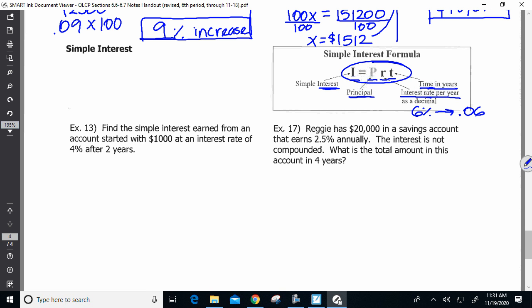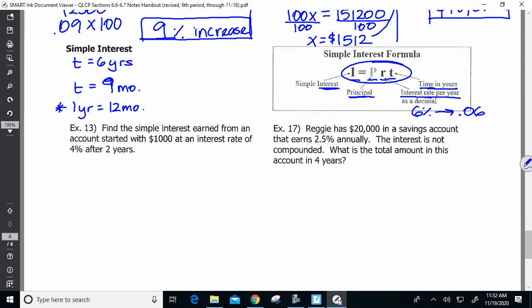So if they tell you that the time is 6 years, absolutely no problem. You're good to go. But if they tell you that the time is 9 months, that's not good. In order to use that formula, the time has to be in years. So 9 months, you have to know that 1 year is equal to 12 months.